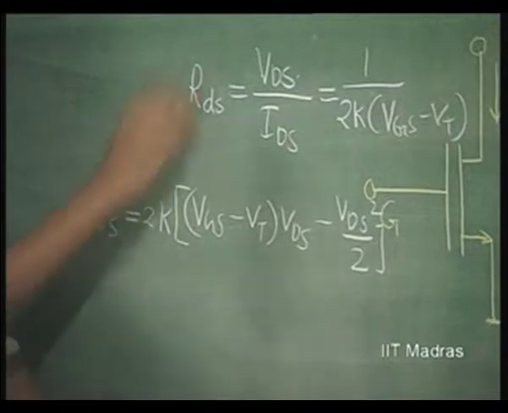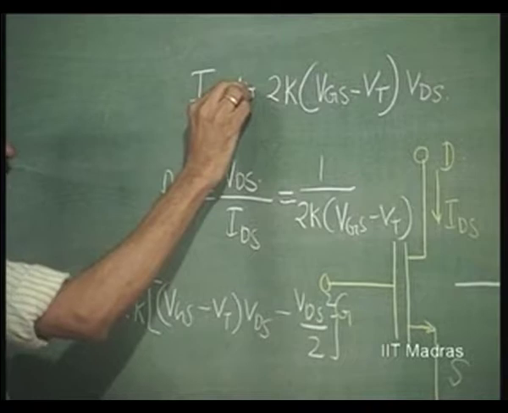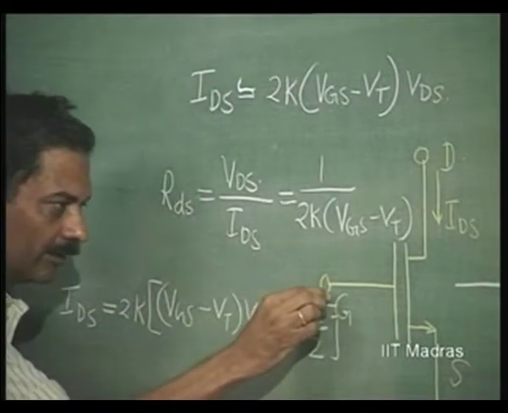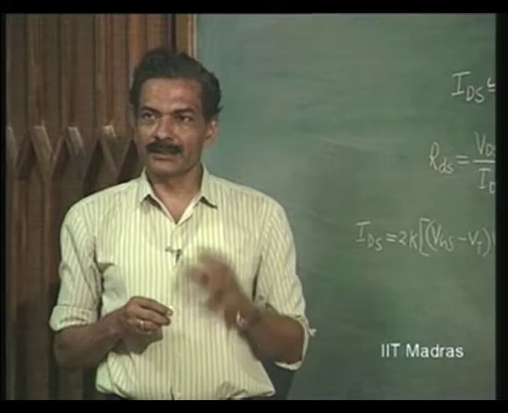This is approximate, therefore, we will say this is exact. Now, suppose I want to use this as a good linear resistor in this region.